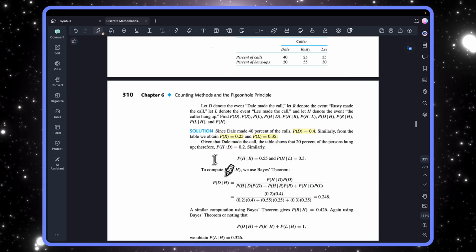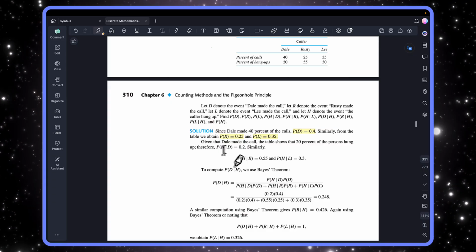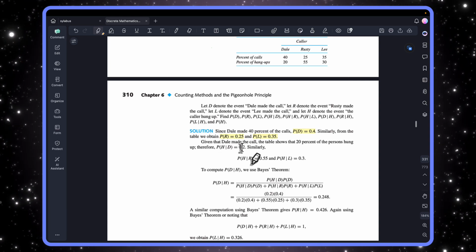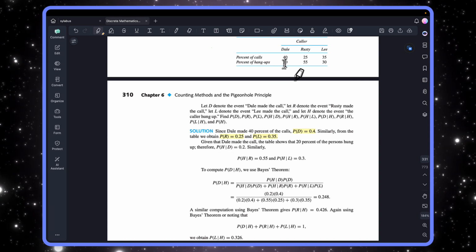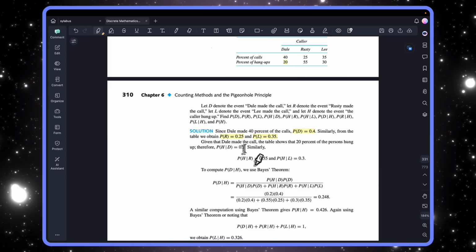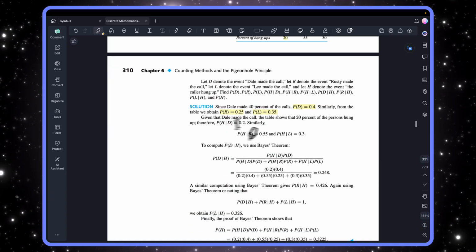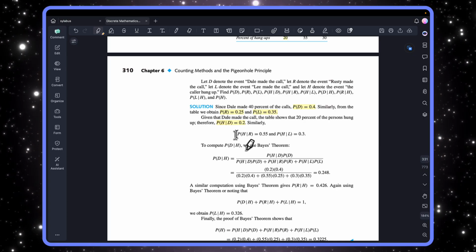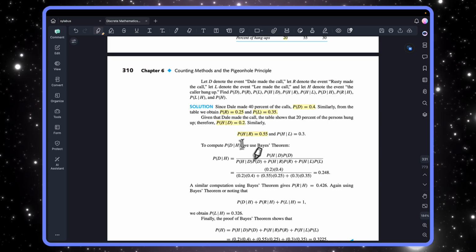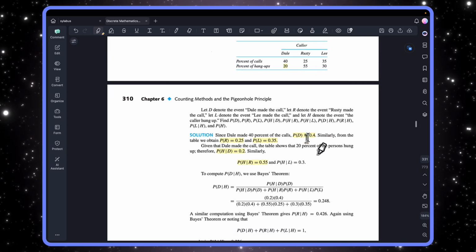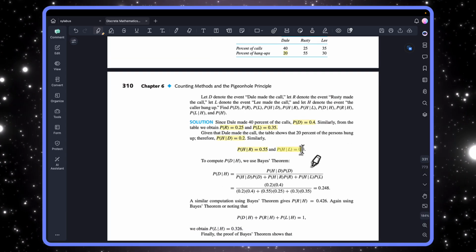Therefore, the probability that a person hangs up, H, given that Dale made the call, is 0.2. It comes from here, 20% or 0.2. Similarly, we can find the probability that the caller hangs up given Rusty calls. So we're slowly going through here.